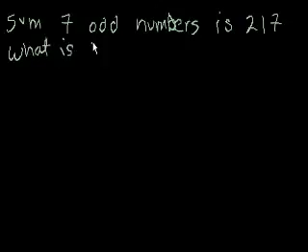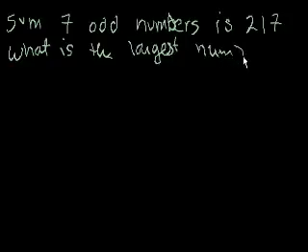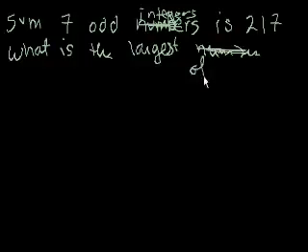What is the largest number? Oh, I shouldn't say number. 7 odd integers. It actually becomes a much harder problem if it was just 7 odd. Well, actually, the only things that could be odd are integers anyway, so you can almost assume it. But the sum of 7 odd integers is 217. What is the largest of the integers?